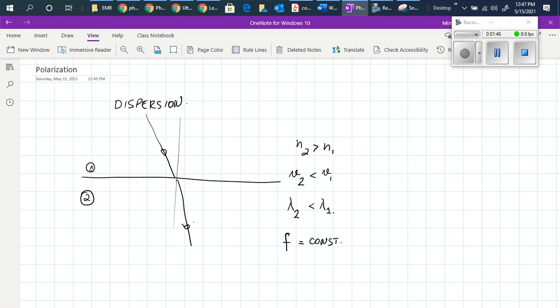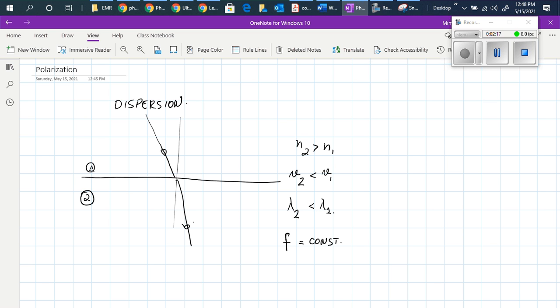Even though we say it is the ratio between the speed of light in vacuum and the speed of light in the medium, it is affected to a small degree by the wavelength of the light. This effect is so small that it's not noticeable when you have the different colors.